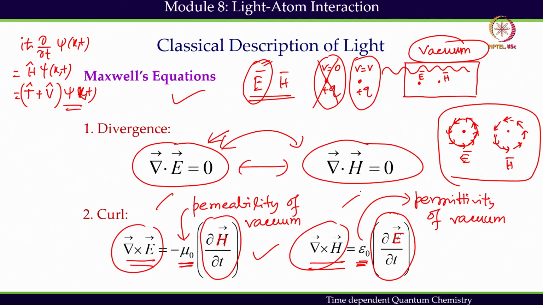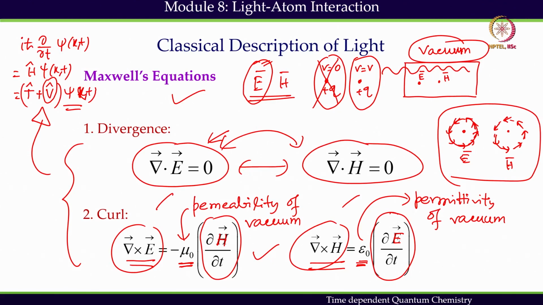So, in order to use these Maxwell's equations in the TDSE to explore light atom interaction, which will come as a potential, we have to convert all these equations into the potential form, and that is called potential formulation of the Maxwell's equations.